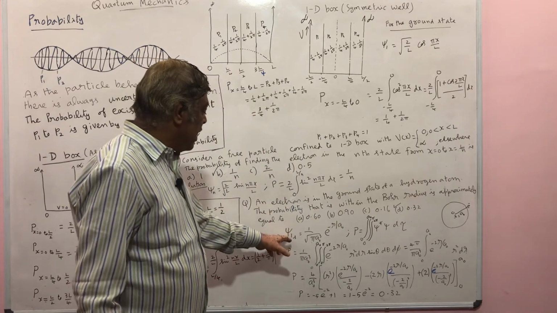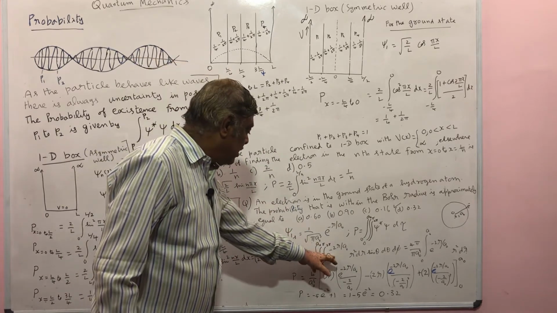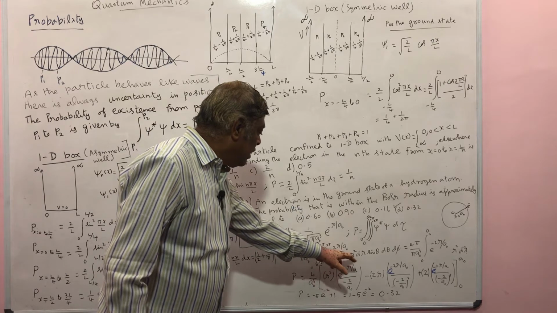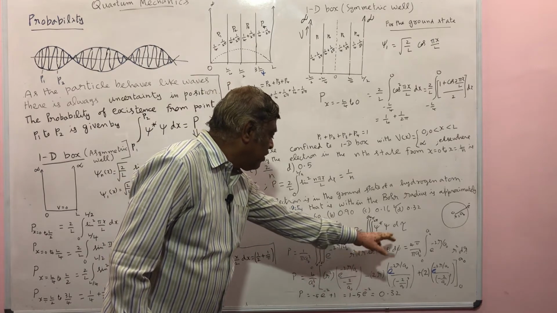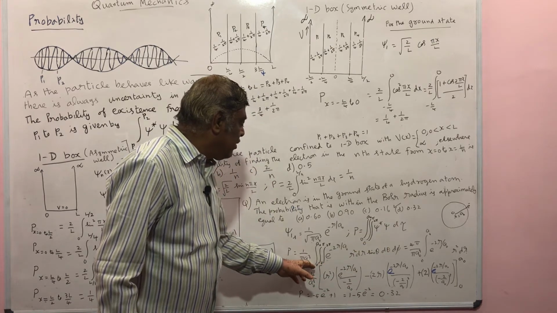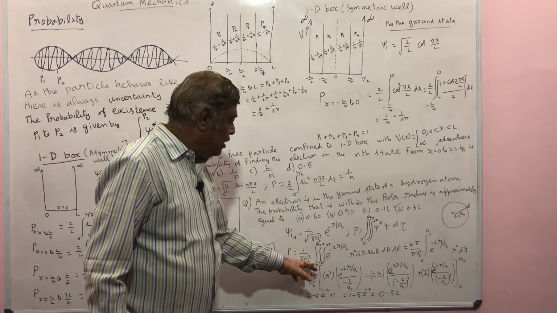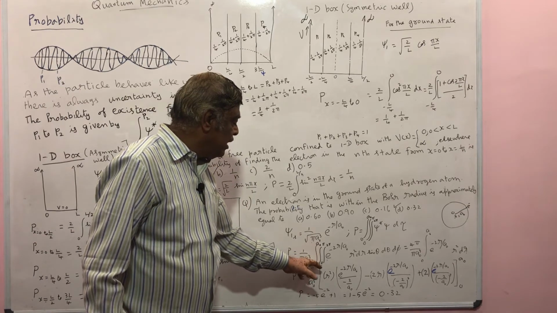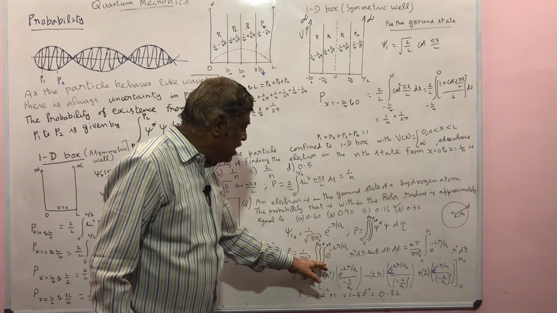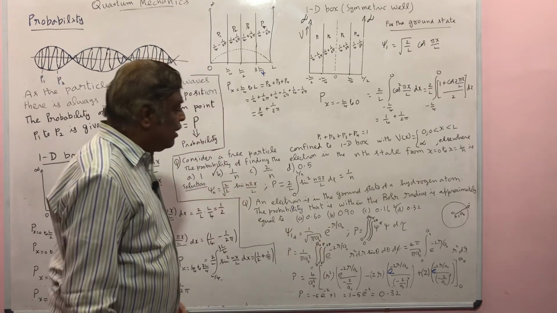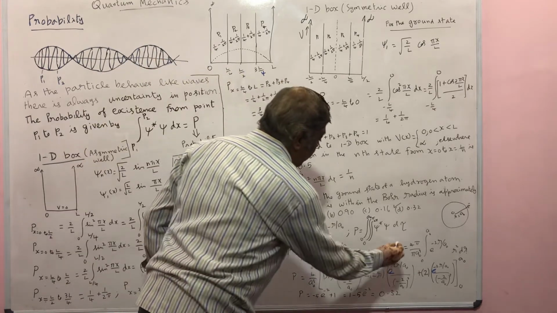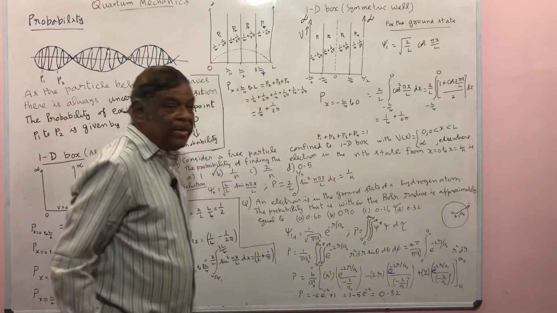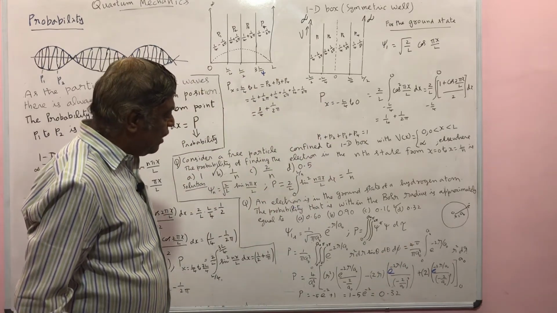So you substitute psi1 star and psi1 and r square dr d theta d phi, and you have to evaluate the three integrals. r varies from 0 to a0, theta varies from 0 to pi, phi varies from 0 to 2 pi. First let us evaluate d phi. Once you evaluate d phi, the result will be 2 pi.